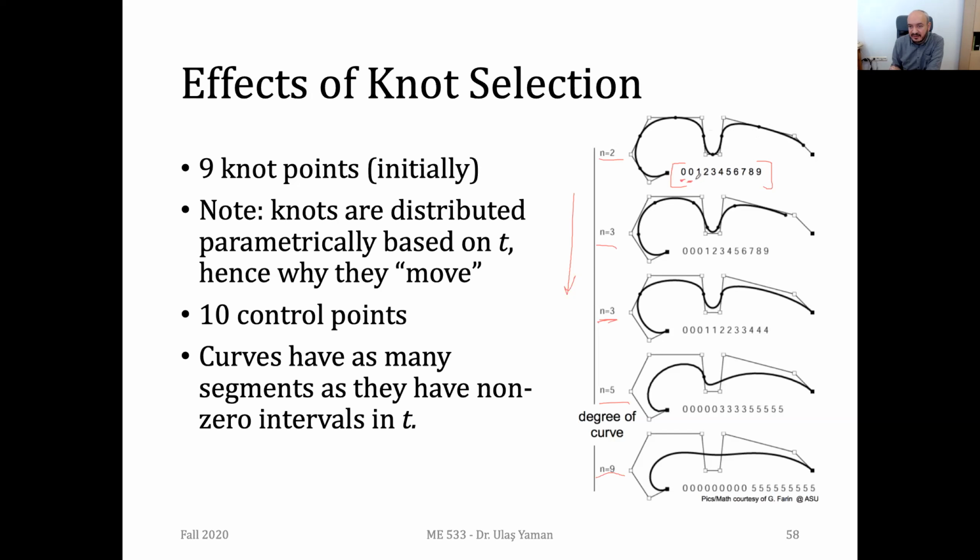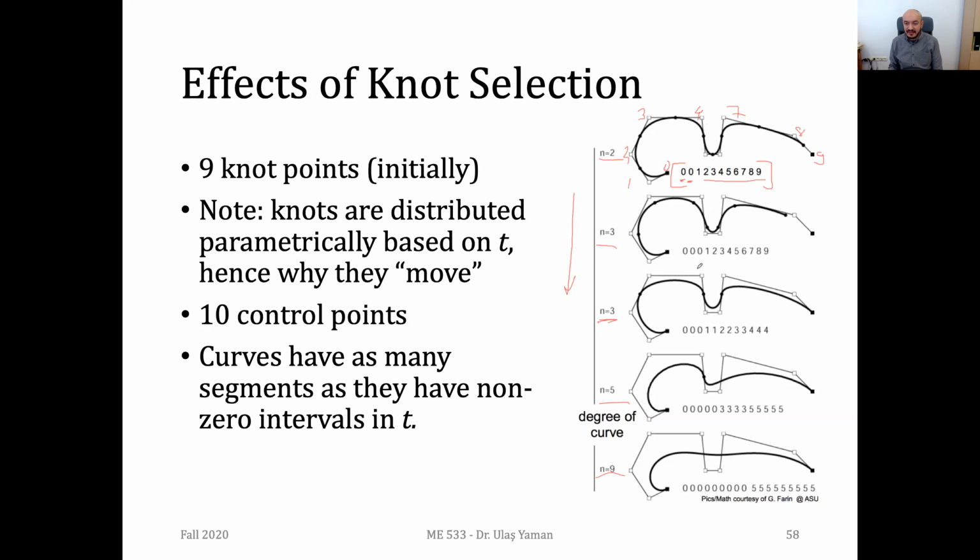If you look at the knot sequence, which is what we are expecting, we don't have any other repetition. We have 1, 0, 1, 2, 3, 4, 5, 6, 7, 8, and 9. So we have 9 control points, and we only have a repetition at the starting point. That's why we are interpolating the starting point, but the rest is just approximated.